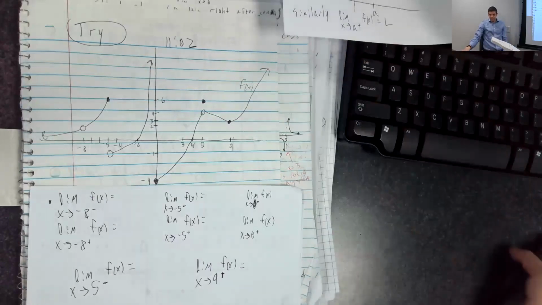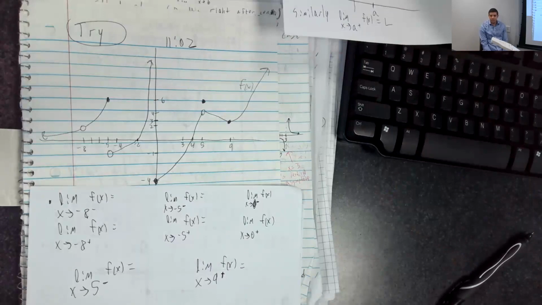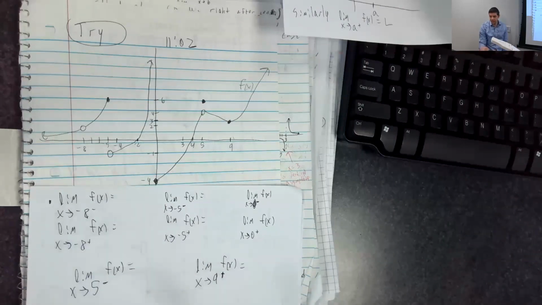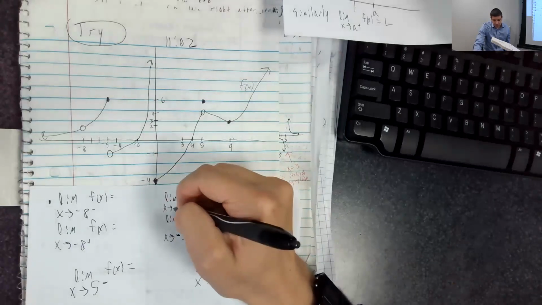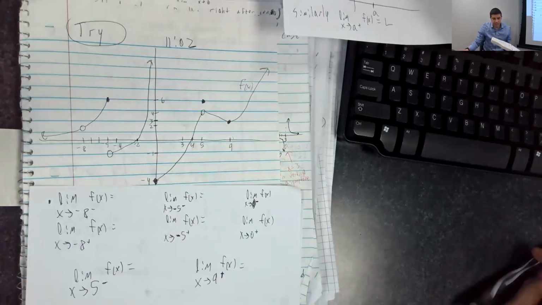Okay, so take a moment, see how many of these you can get. Do each one separately. So -8. -5.